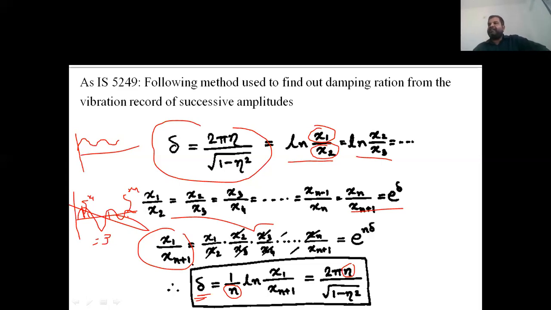And from underdamped free vibration, we have established this equation, which is the logarithmic decrement. The logarithmic decrement is used to find out the value of the damping ratio by means of an experiment, right? So this way we are completing the underdamped free vibration case.